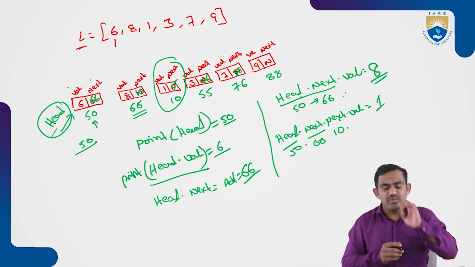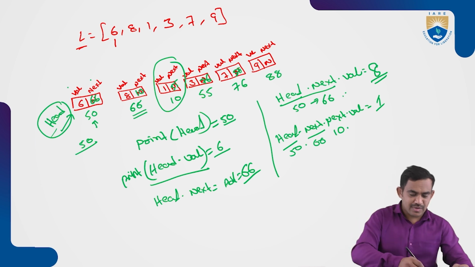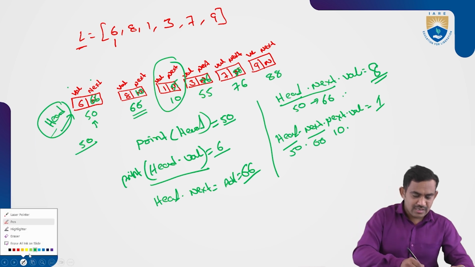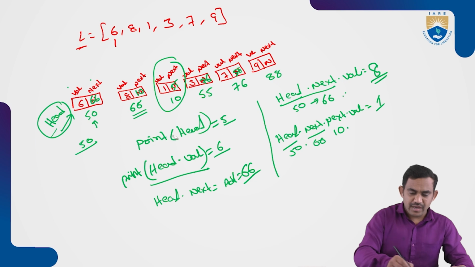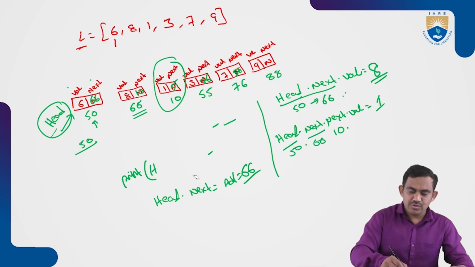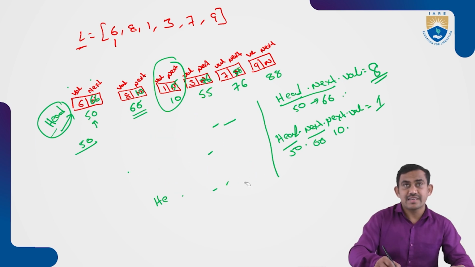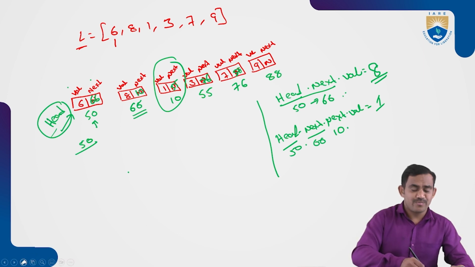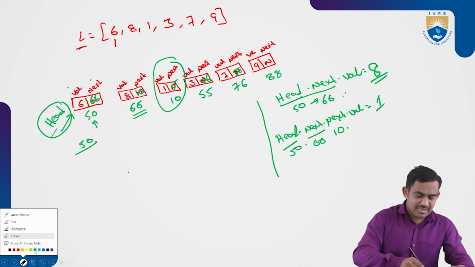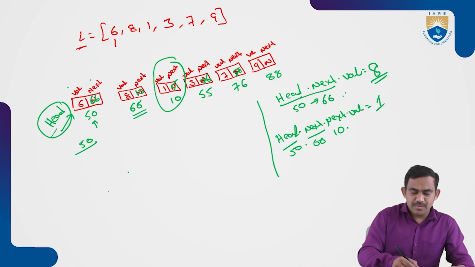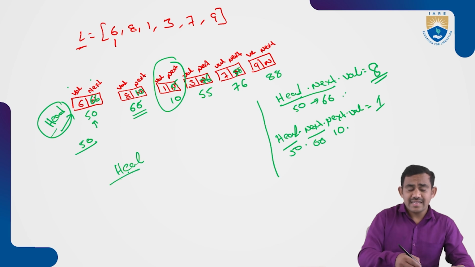One more very important logic, just remember this. Now we have how to get the values. When you write the code, this is a very important logic. Guys, please listen carefully. Now suppose we have the head, right? Head is 50.